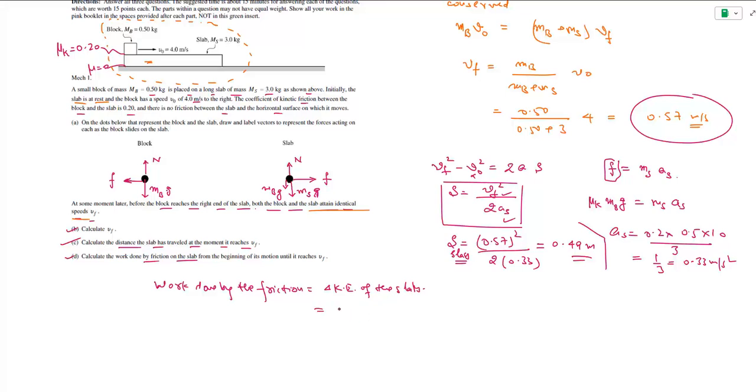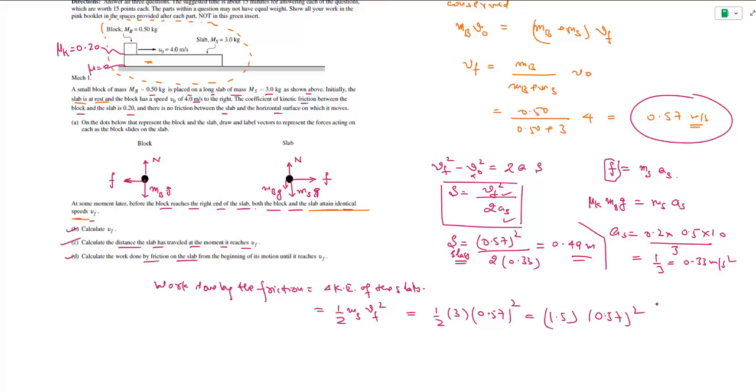So use the work energy theorem. The initial speed of the slab was 0. The final speed we have calculated, that is Vf. So that is half m, the mass of the slab, times Vf square. So that will be half, the mass of the slab is 3 kilograms, Vf we have calculated 0.57 squared. Now solve this: 1.5 times 0.57 square.